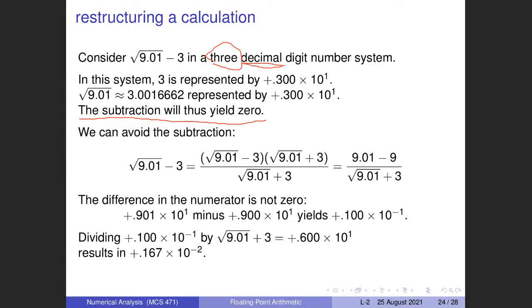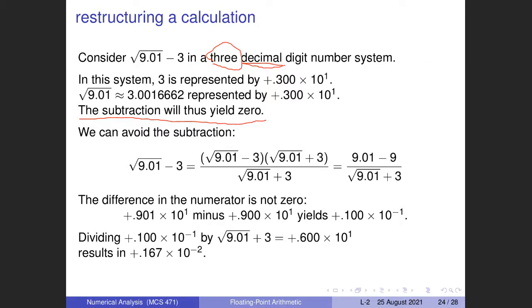We can get a more accurate result if we avoid that subtraction. And here we can avoid the subtraction by actually squaring. And then instead of subtracting, so the rule of thumb is often that be careful when you subtract numbers of the same magnitude. So here we still do a subtraction, but numbers are actually better.